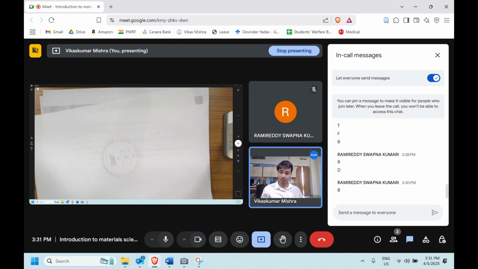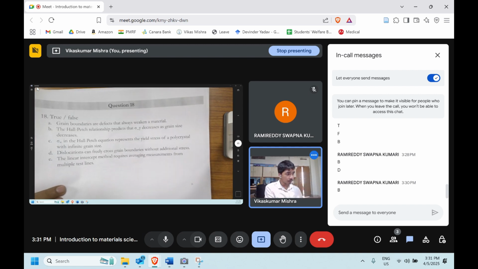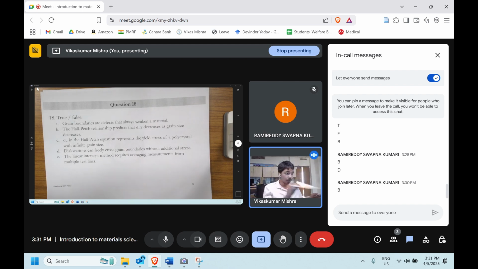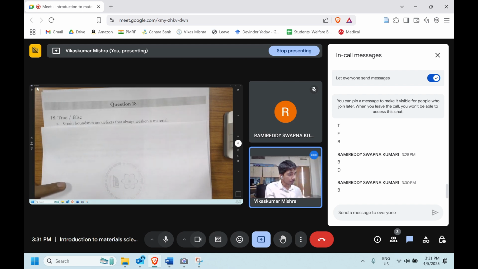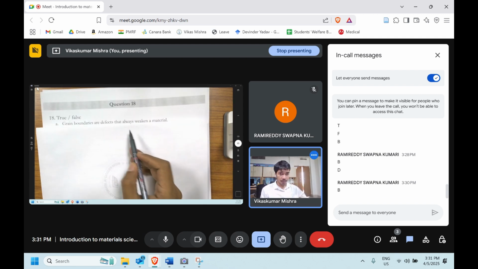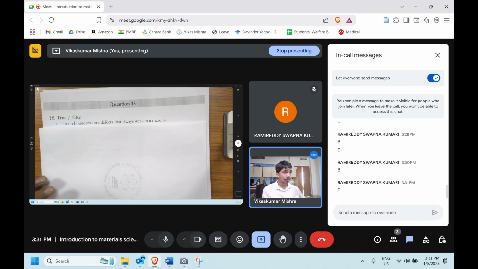Let's move ahead to the next question. Question number 18. True and false based. Let's do it one by one. Grain boundaries are defects that always weaken a material. Grain boundary is a defect, that is sure. But will it weaken the material? That too always. True or false?